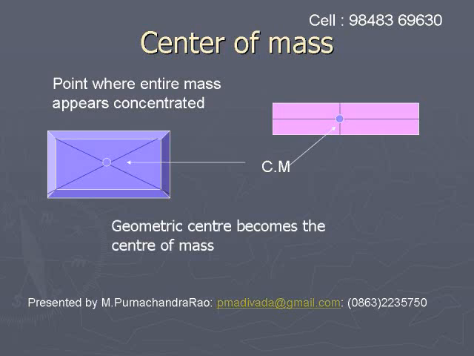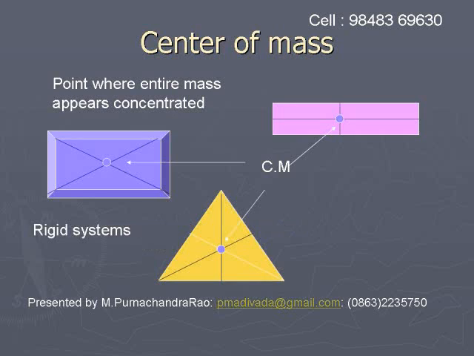Draw the diagonals, any two diagonals. The intersection of the diagonals gives the center of mass. Whenever the bodies are regular in shape, we notice that the geometric center becomes the center of mass. Take for example a cardboard in the shape of an equilateral triangle.